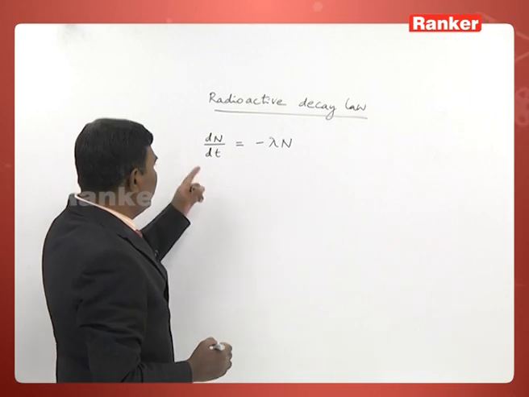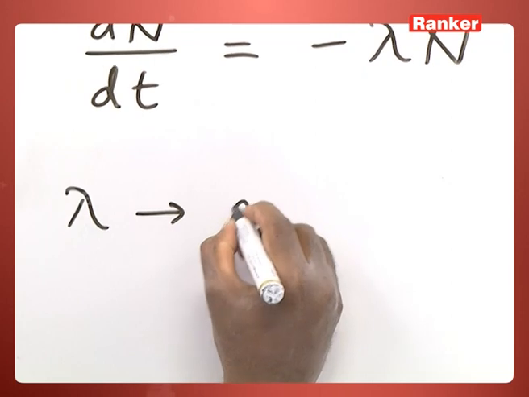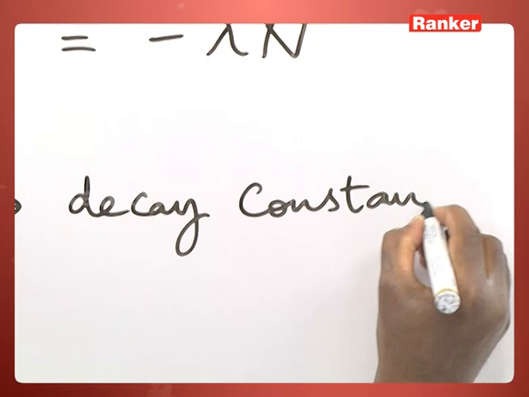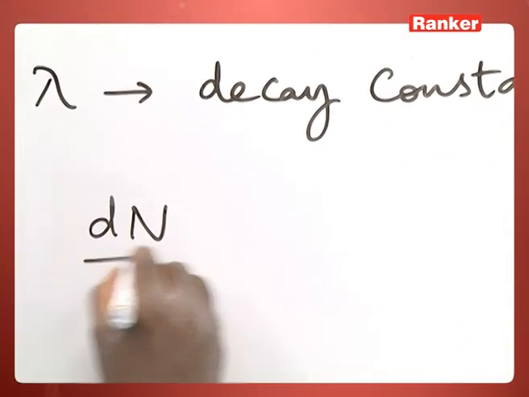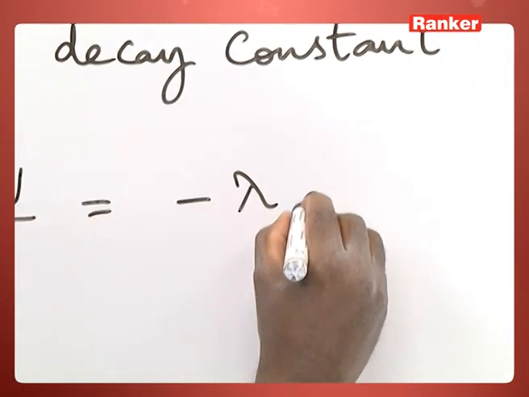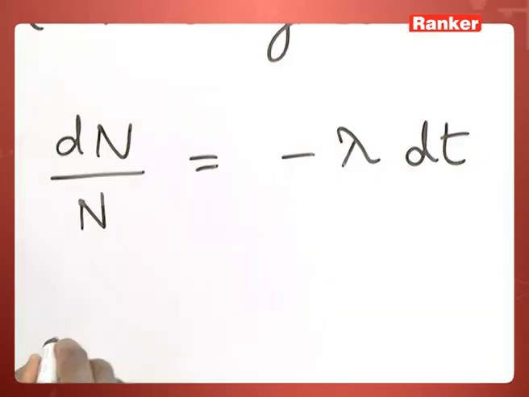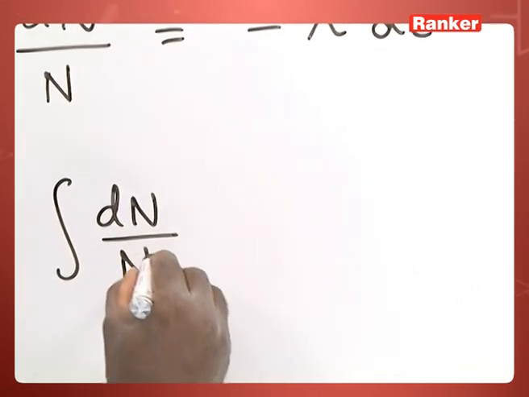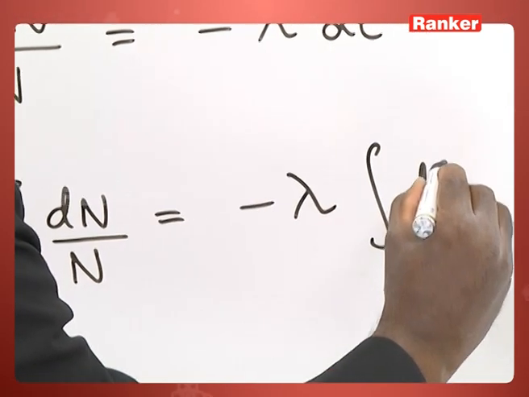Proceeding further, dN by dt is equal to minus lambda N, where lambda stands for decay constant. Now, we can write this expression as dN by N is equal to minus lambda dt. Next, we can integrate on both sides of the equation, that will give integration of dN by N is equal to minus lambda integration of dt.